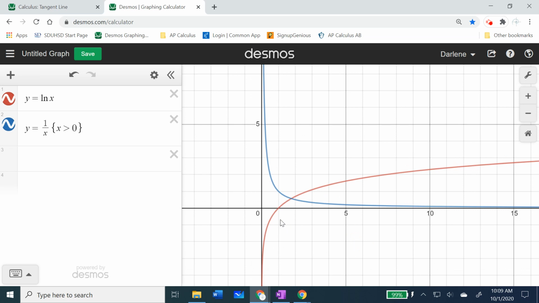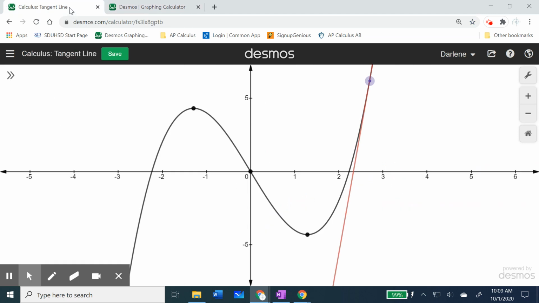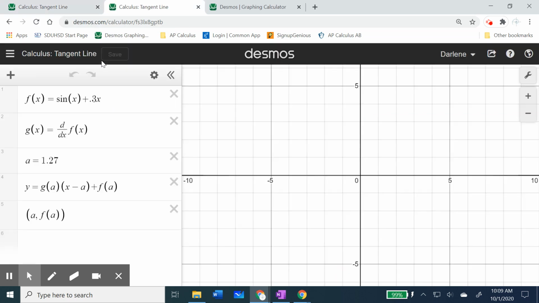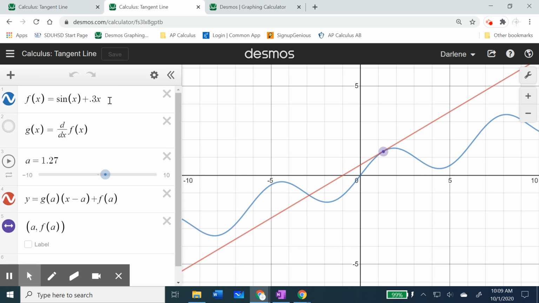And if you spend time looking at these slopes, you will see that. In fact, let me do this. I'm going to duplicate that.